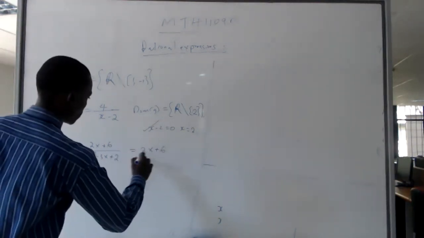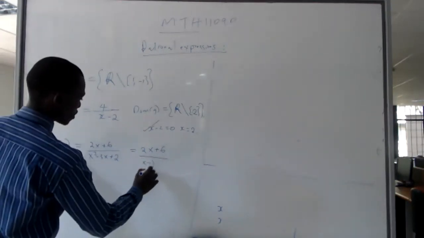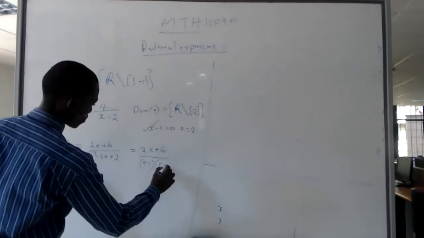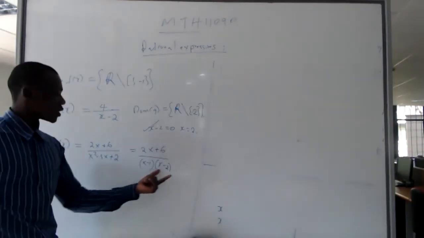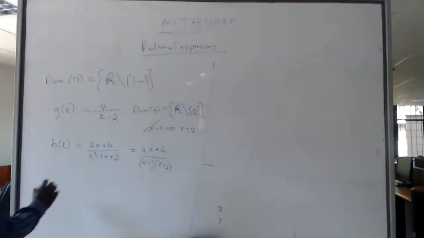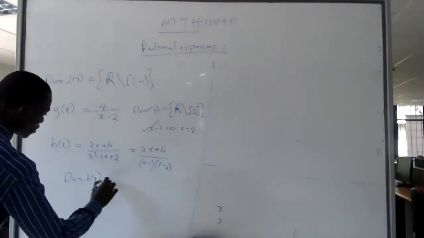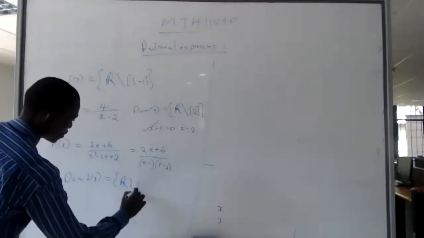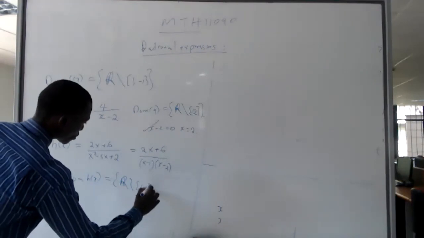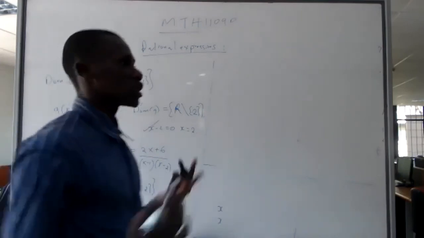You could actually factorize this. We have done this before. This is x minus 1 times x minus 2. This expression will be 0 at 1 and 2. So the domain of h of x will be the set of all real numbers except 1 and 2. So that is how we compute the domain of a rational expression.